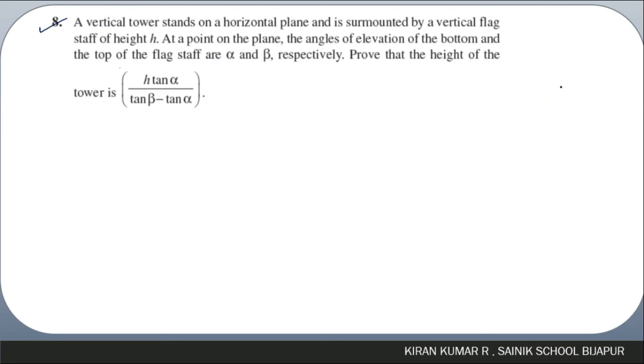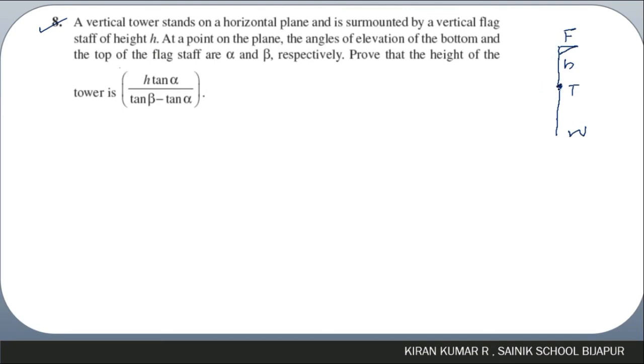I'll draw the respective figure. There's a tower. Say TW is representing the tower. On the tower, it is surmounted by a flagstaff, which is of height h.